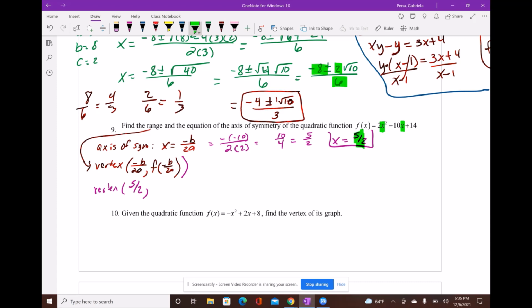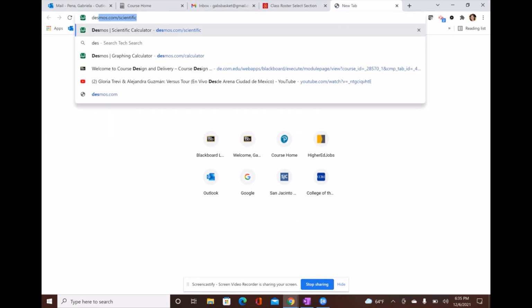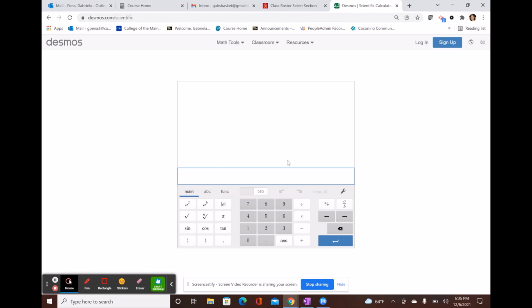So in order to do that, I'm just going to go over to Desmos. 5 divided by 2 squared, minus 10 times 5 over 2, plus 4. The answer is 1.5, which is 3 over 2.